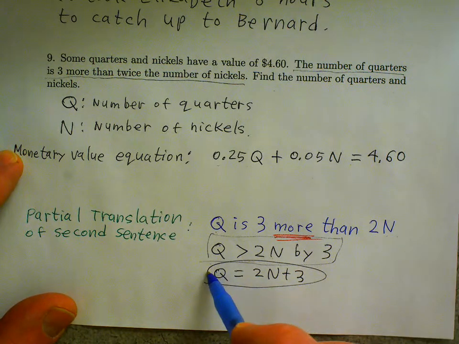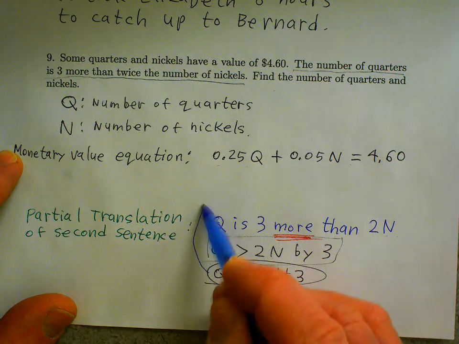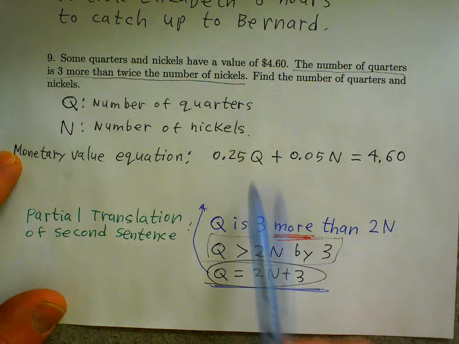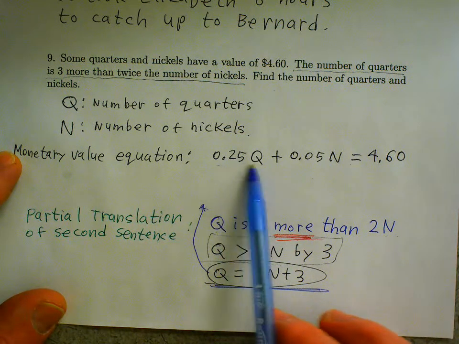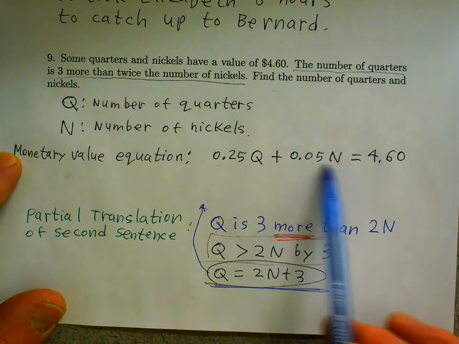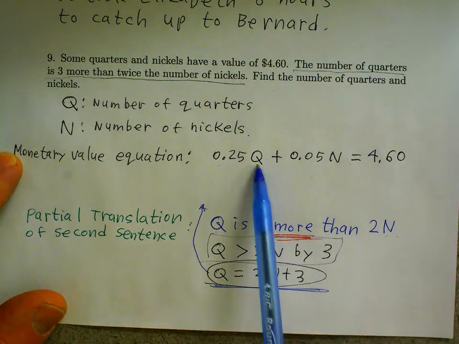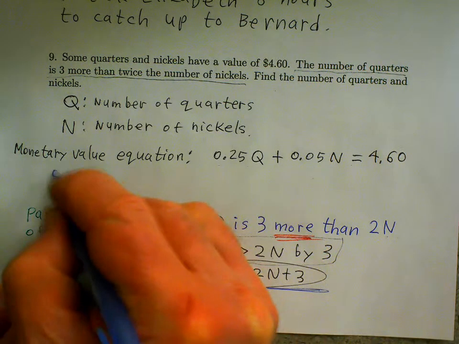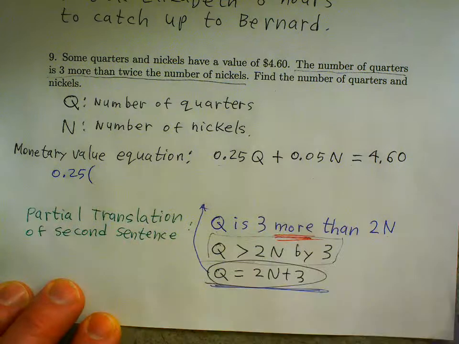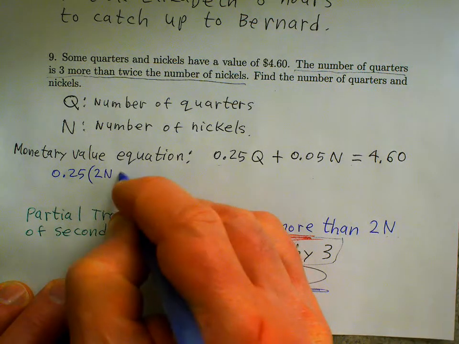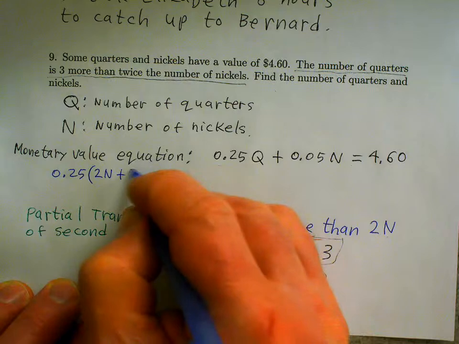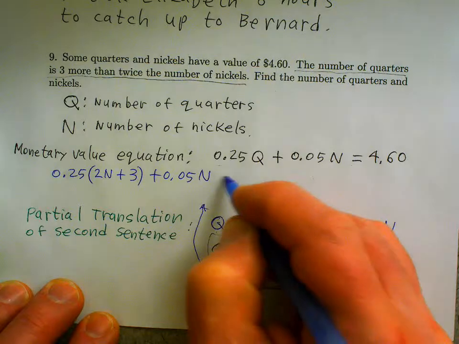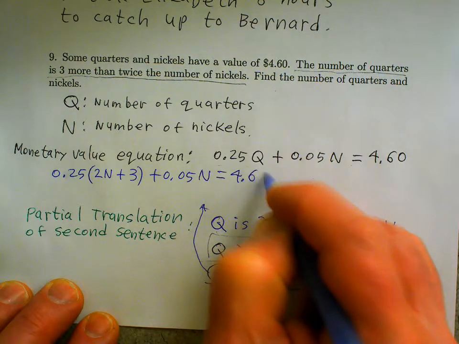Okay, so if we use substitution, this is one of our equations: Q equals 2N plus 3. And our first equation, 0.25Q plus 0.05N equals 4.60. We can replace Q with 2N plus 3. And so we get 0.25 times (2N plus 3) plus 0.05N equals 4.60.